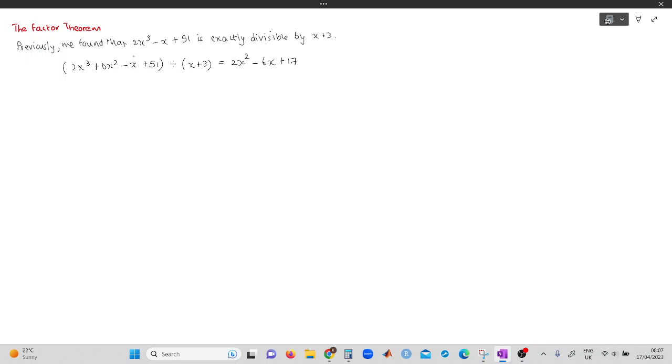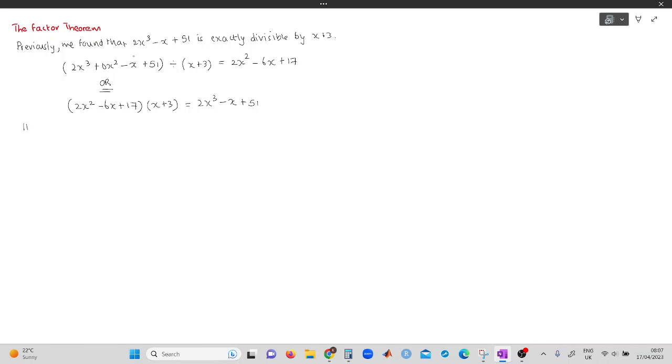D'accord là. Ou bien nous sommes capables d'écrire de l'autre façon aussi, comme 2x squared minus 6x plus 17 when you multiply it by the factor here. Ok, donc il y a différentes façons. Donc là, comment nous sommes capables de lire?